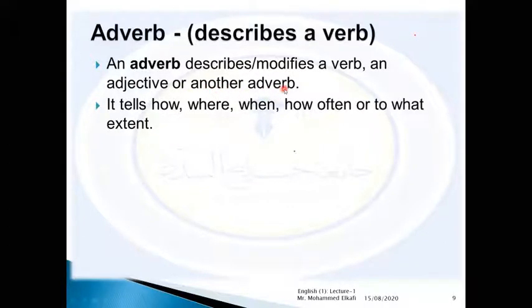So the adverb describes a verb, an adjective, or even another adverb. So an adverb also tells us how, where, when, and how often, or even to what extent.